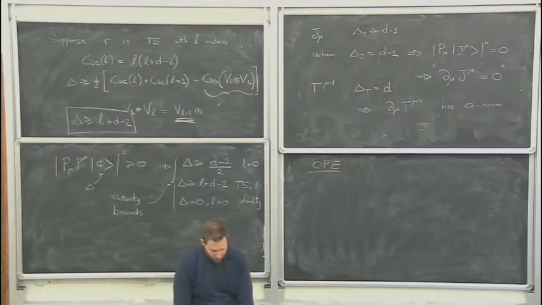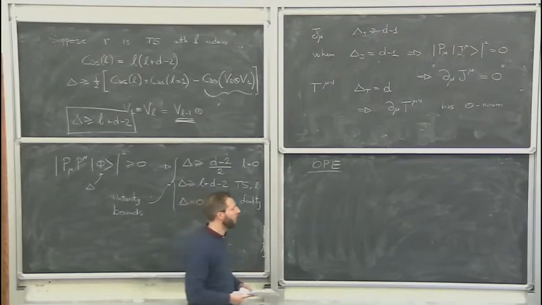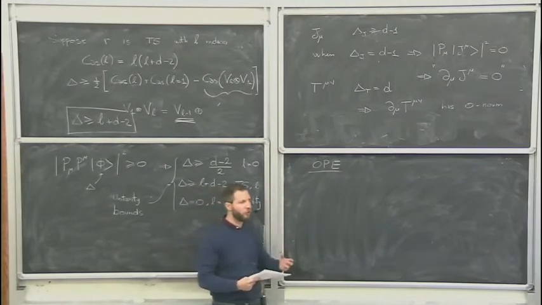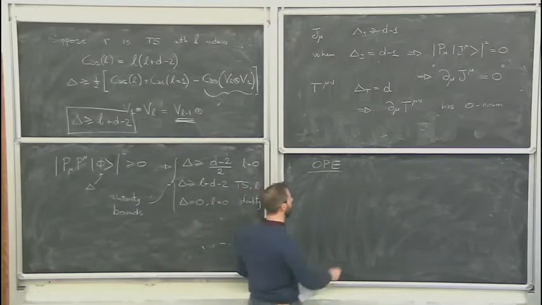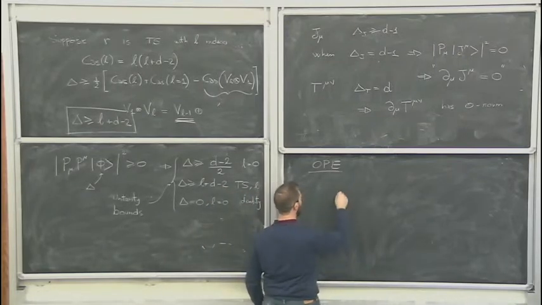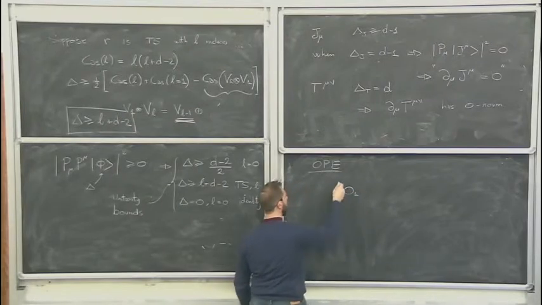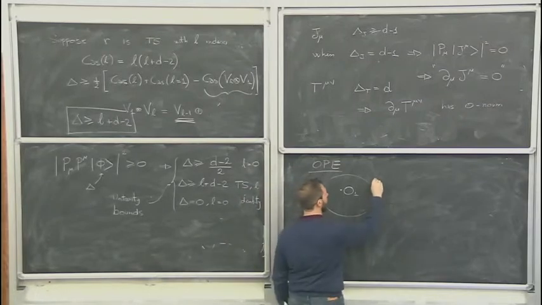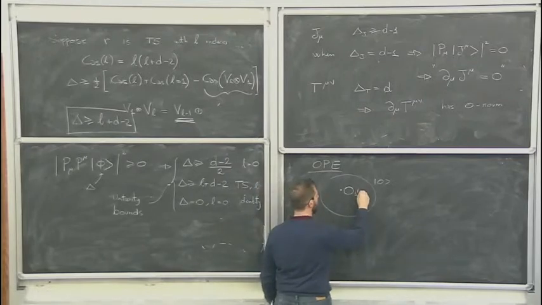The operator product expansion is a simple consequence of our interpretation of the theory as radially quantized. Operators inserted at a point create states on the boundary of a sphere surrounding them. If you have an operator O1 inserted at some point, you can draw a sphere, and as we said, this generates a state on the sphere. Suppose this is inserted at 0.